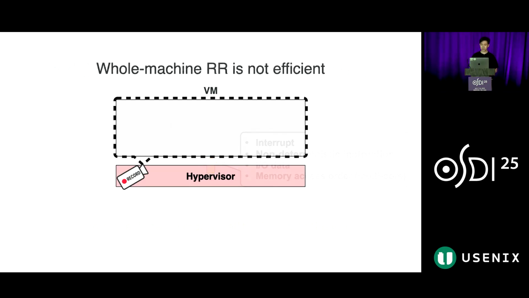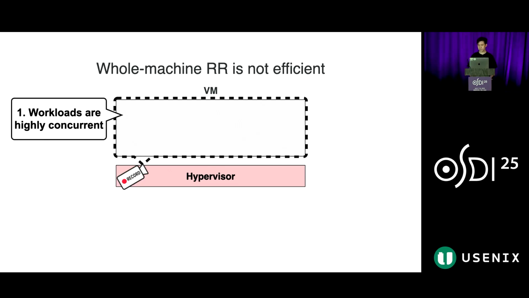However, using whole machine RR to record the kernel execution is not efficient, especially for today's workloads. Here are two properties of the workloads that make this problem more severe. Firstly, the workloads are highly concurrent, especially on multi-core.